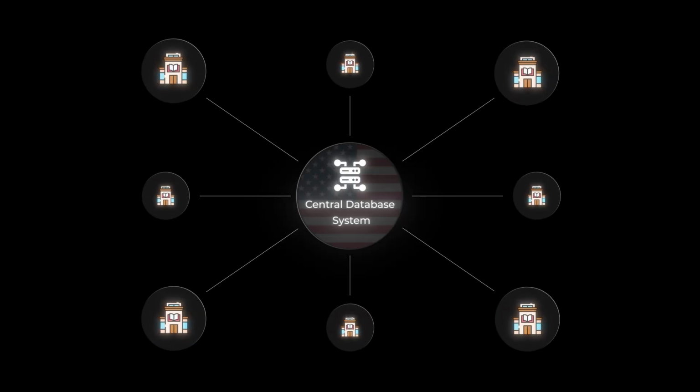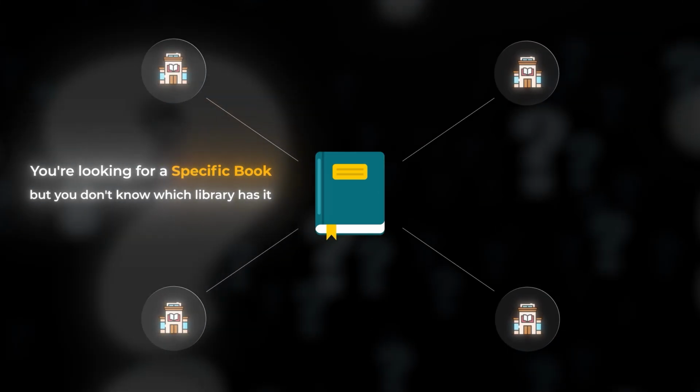Now, Data Catalog is like a central database system. Imagine a central database system in the US that connects a bunch of libraries spread across different states. And let's say you're looking for a specific book, but you don't know which library has it.